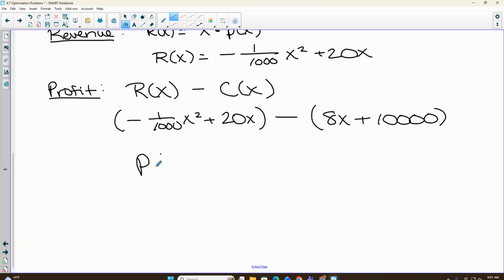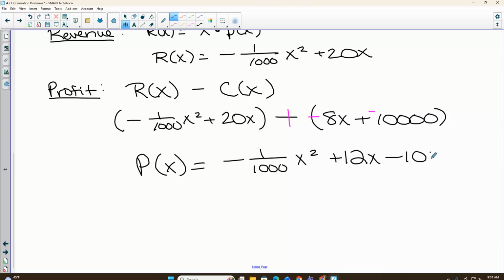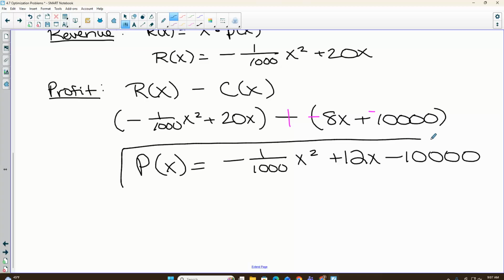So profit, that's capital P, is negative 1 over 1,000x squared plus 12x minus 10,000. So all of my work to this point has been to get this equation.